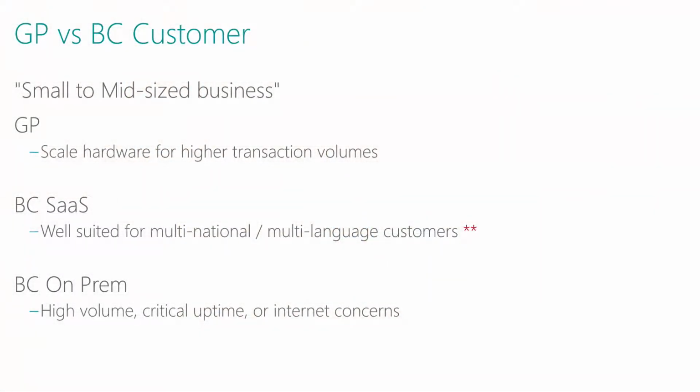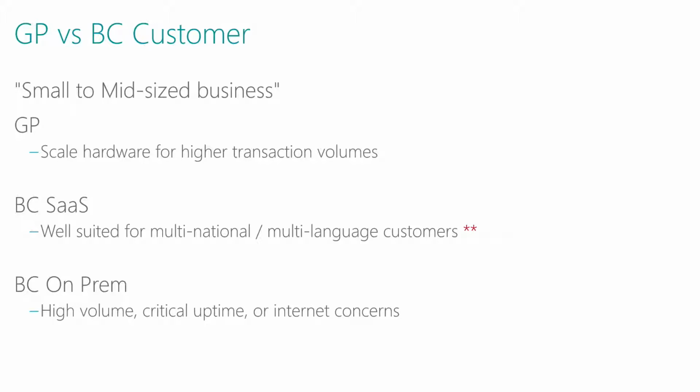Okay, here we go. So a GP versus Business Central customer, what do those look like? Are those different? Are the two systems oriented or better for different customer sizes or different customer types? And I'm getting the impression not really. I think the common theme is what they call SMB, or small to mid-sized business. That's a very vague, ambiguous term, but it's not enterprise, I guess, is the only way I could describe that.